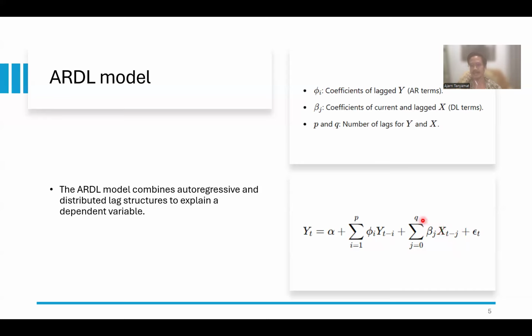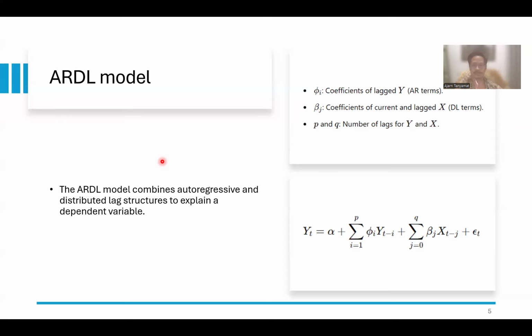Each lag is going to have its own coefficient, beta j, corresponding to the number of lags. Beta 0 is the coefficient on the current xt, and so on. Okay, so we can have this kind of model as well. That's just a quick introduction into what the model would look like.